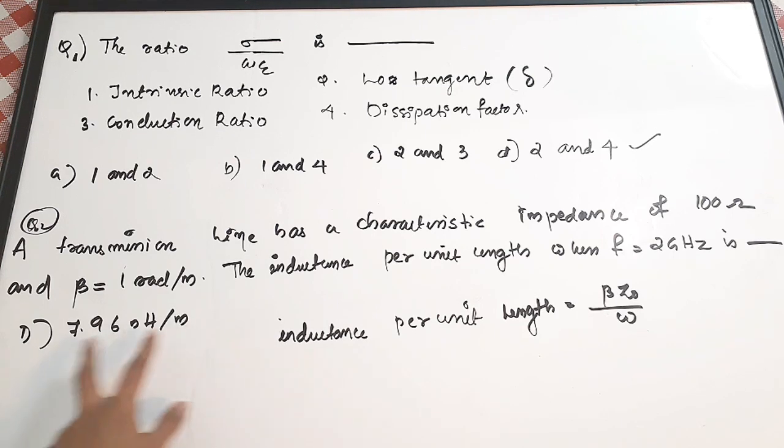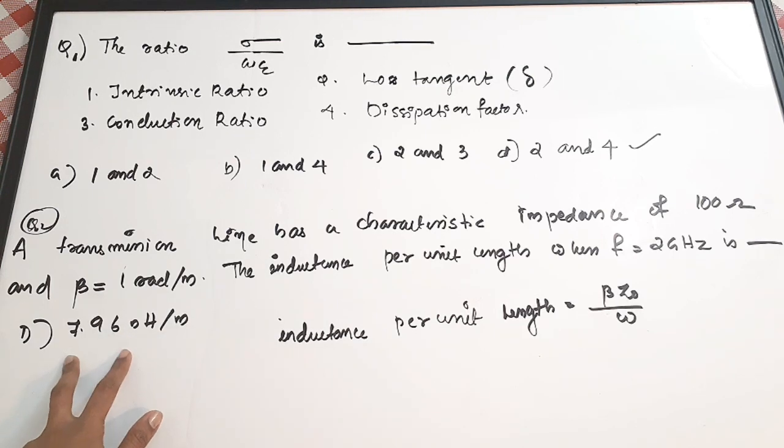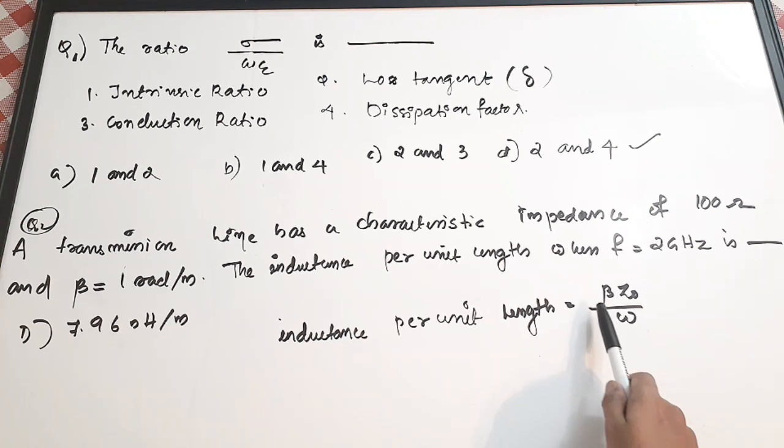Okay, so before looking, I have written the correct answer here. D is the correct answer, which is 7.96 nanohenry per meter. The equation for finding the inductance per unit length: we know that a transmission line can be represented as various circuit elements.